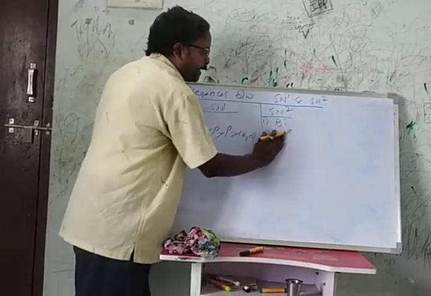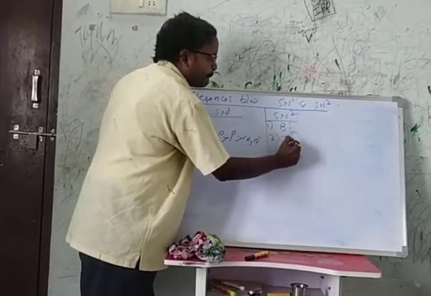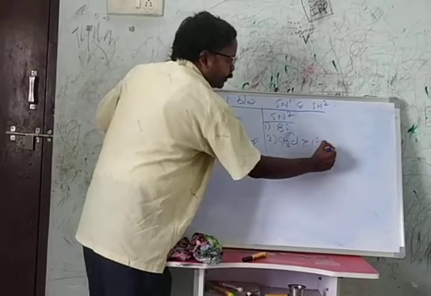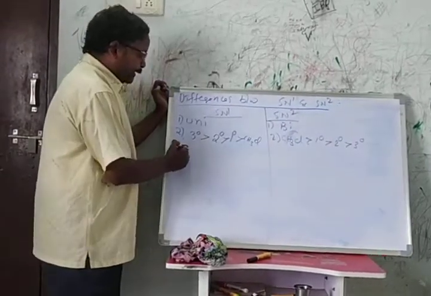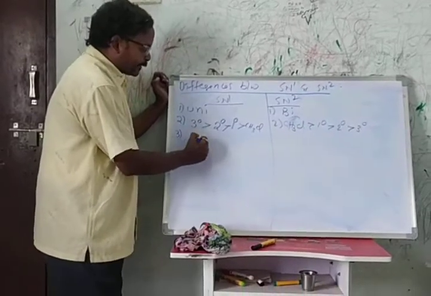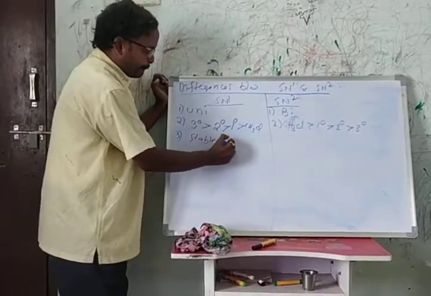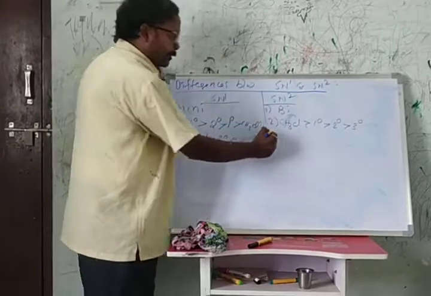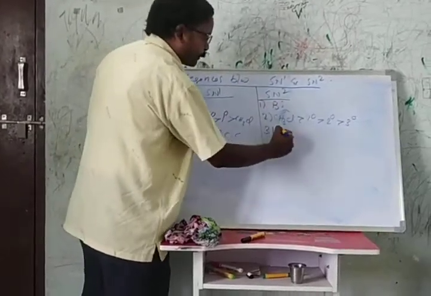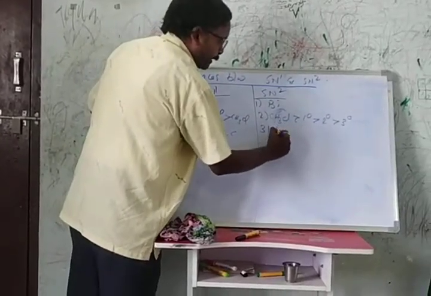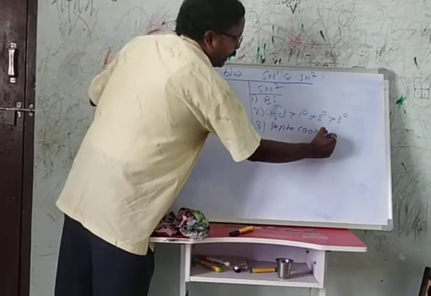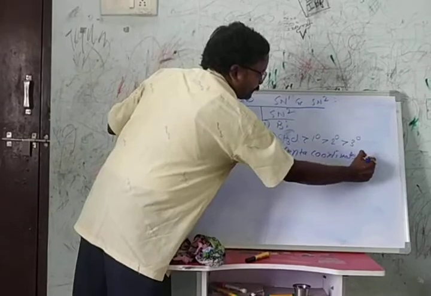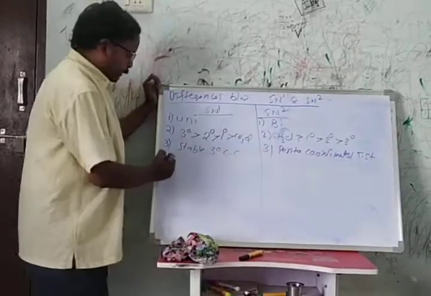For SN2: methyl chloride is more than primary, more than secondary, more than tertiary. SN1 proceeds through a stable tertiary carbocation, and SN2 proceeds through a penta-coordinated transition state.